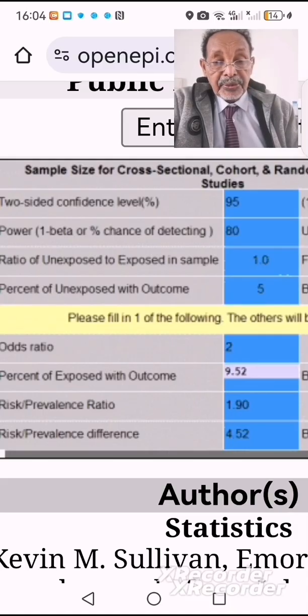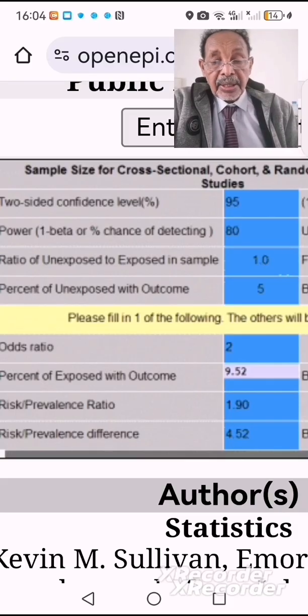So here we have to insert, first we have to agree, do we need the group ratio 1 to 1, or we need the group ratio 2 to 1? One negative pressure wound therapy, or two will be the routine moist dressing, or can be 1 to 1.